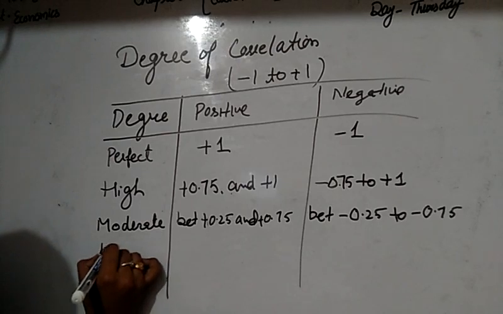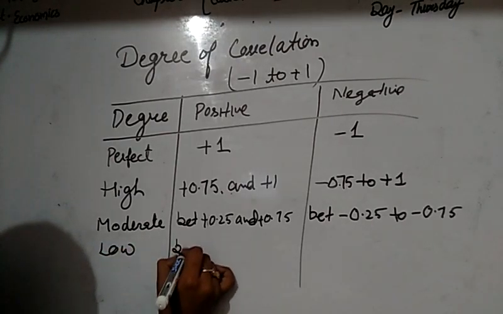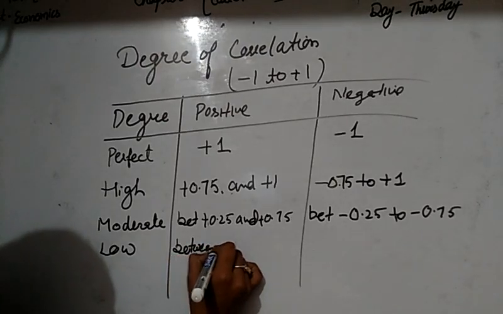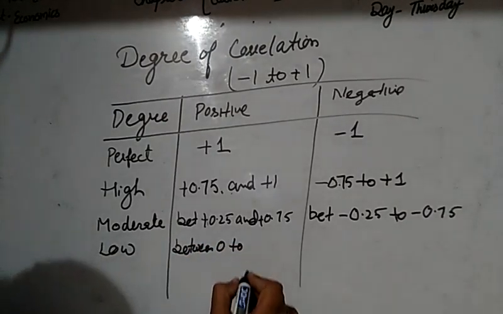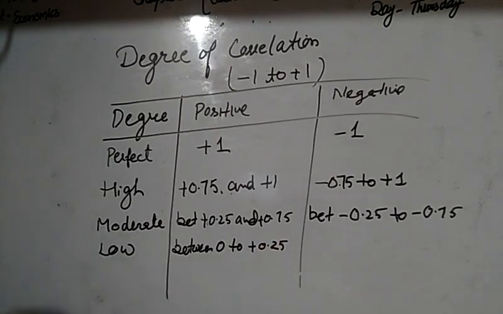Next is low positive correlation, when the value is between 0 to +0.25.